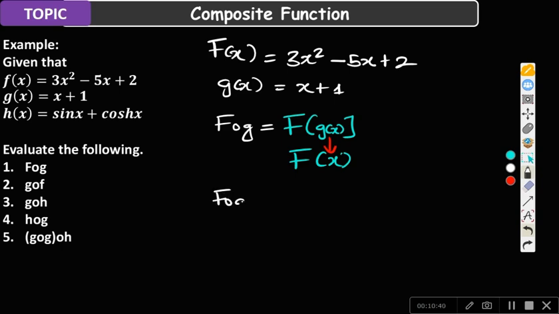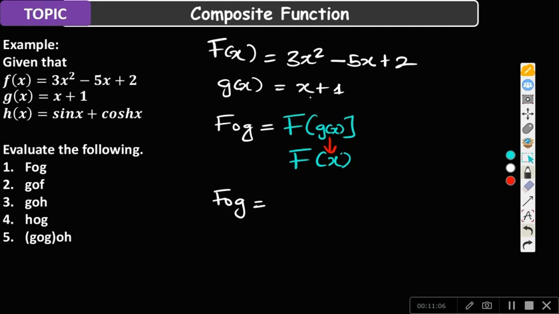Our f of x is 3x squared minus 5x plus 2. Is that okay?